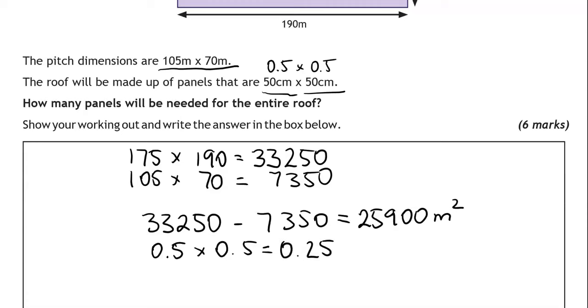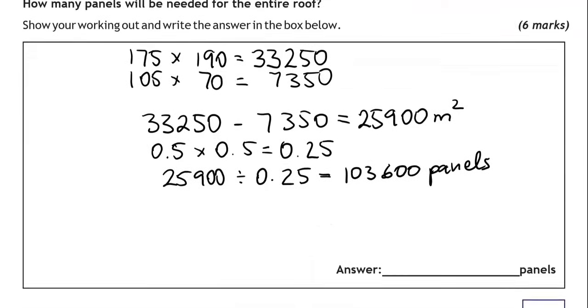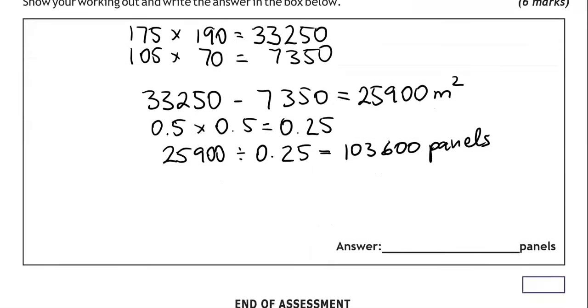So how many 0.25s fit into 25,900? So 25,900 divided by 0.25, that's 103,600 panels. And this is the end of the question and the end of the whole assessment.